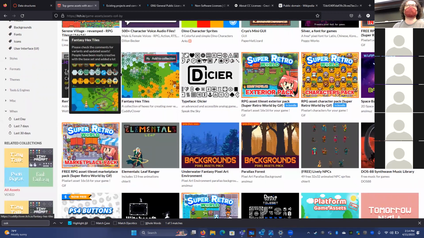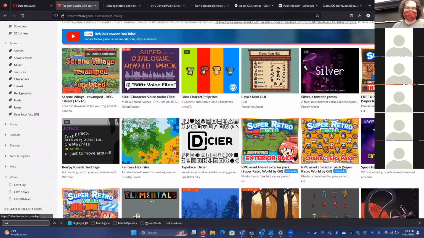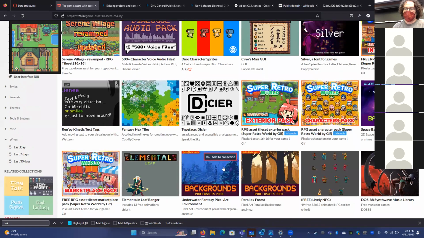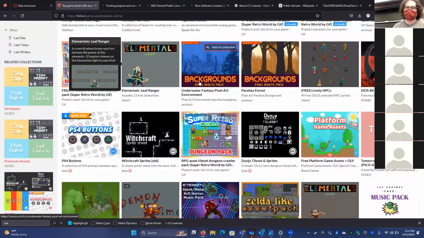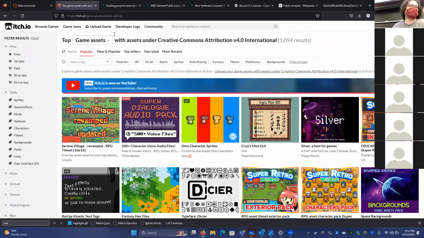Fantasy Hex Tiles. Oh my God, if you're doing a strategy game, that makes it a lot easier to do, right? Free packages, 16 by 16 refers to the number of pixels, backgrounds. This kind of stuff is made by people and it's essentially given away for free because they want people to use their work and see their work.